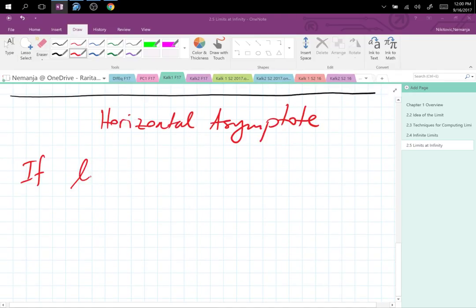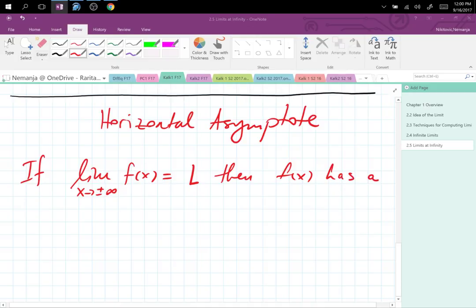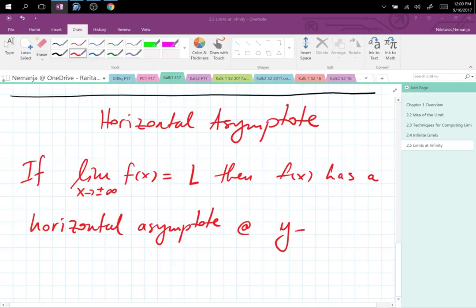If the limit as x goes to positive or negative infinity of f of x is a finite value L, then f of x has a horizontal asymptote at y equals L. This is the only statement you need to know because it transforms the issue of horizontal asymptote into a limit problem of Calculus 1.